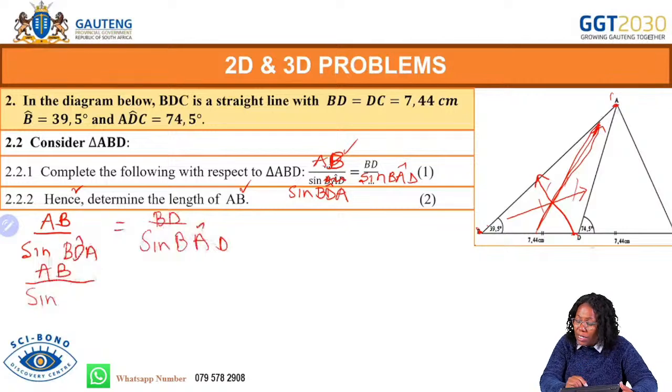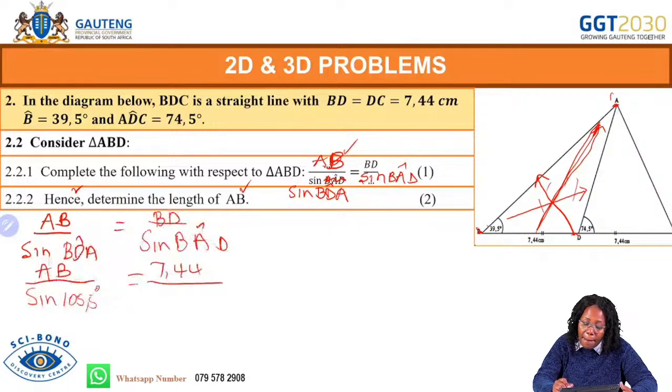BDA we have calculated on the previous question as 105.5 degrees, and the length of BD we have also calculated, given to us as 7.44, and the sine of BAD. BAD is the angle on top there that you have calculated as 35, that will be sine of 35 degrees.